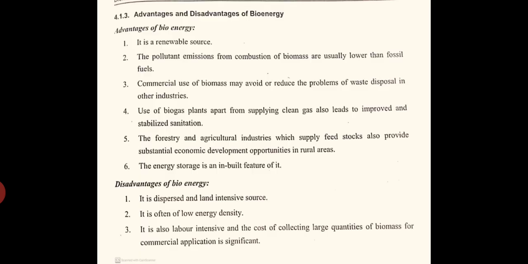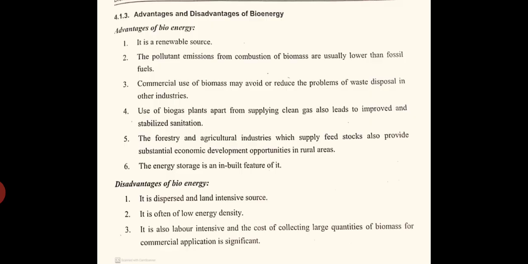The forestry and agricultural industries which supply feedstocks also provide substantial economic development opportunities in rural areas. That is another advantage. The last one is that energy storage is an inbuilt feature of it. In whatever its raw form or converted form, it has a lot of energy content.